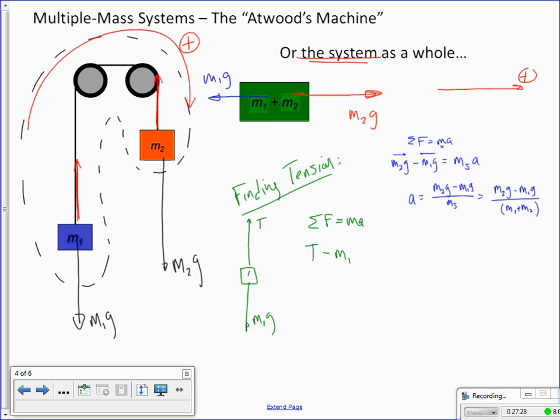T minus M1G equals MA. Well, what mass? We're looking at mass 1. We've isolated mass 1, so that's the mass of the object that we look at. So the tension is M1A plus M1G.